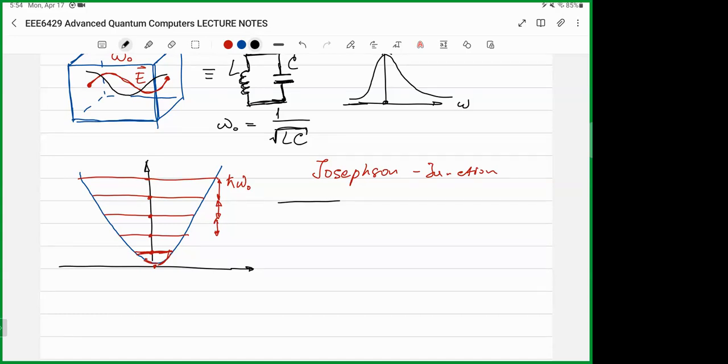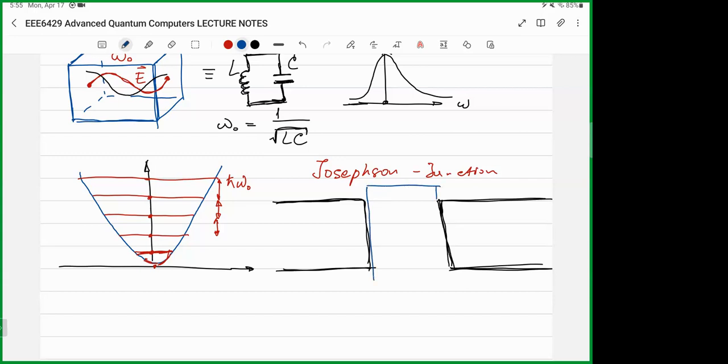So if you take two metals made of superconductors, like here I took one, and here I put the second one, and these two metallic parts, wires, they form the junction with a layer of dielectric between them.